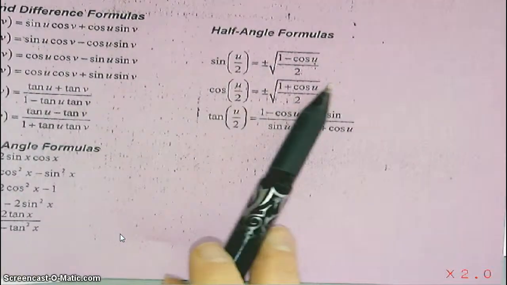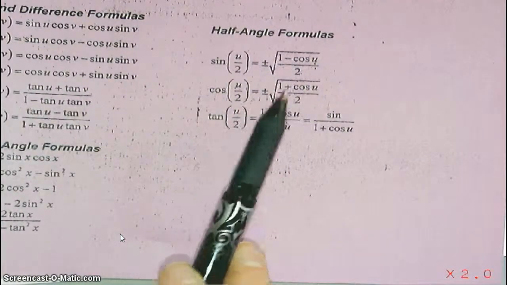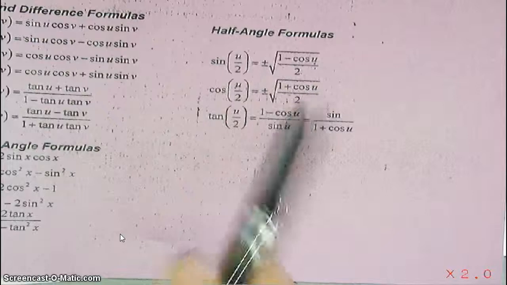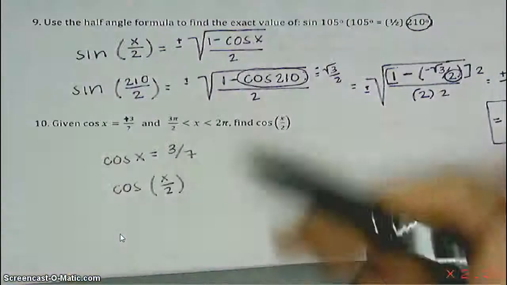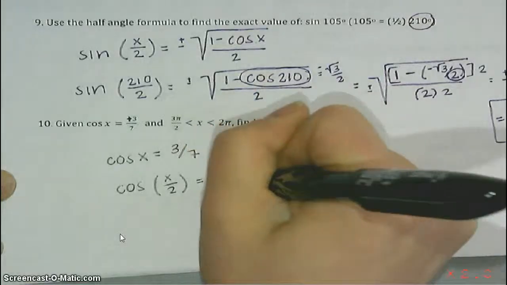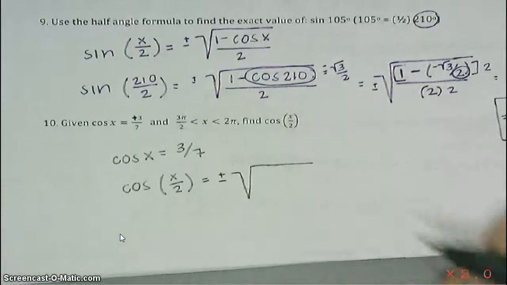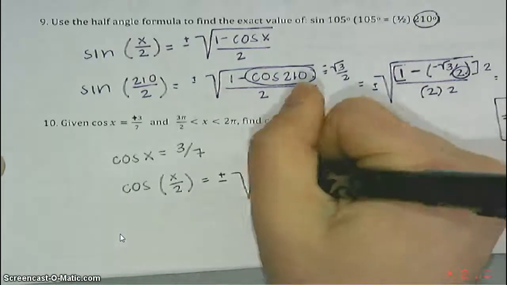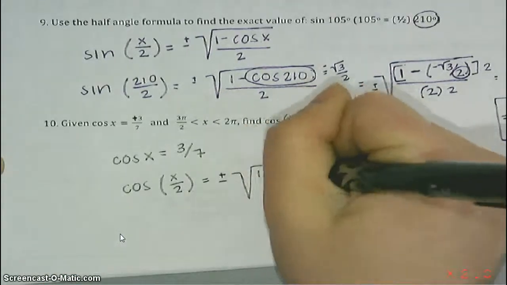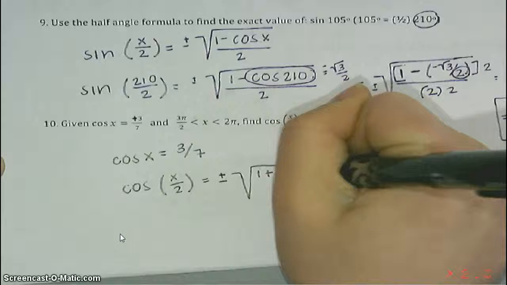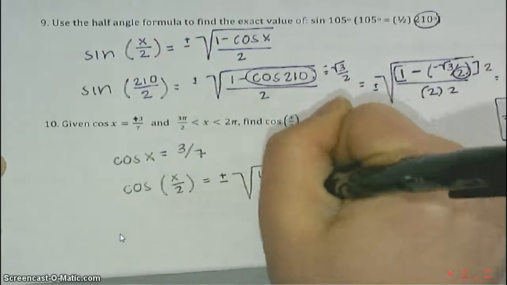It's going to be this general formula, but instead of the u, it'll be an x. So for us, you're going to have plus and minus the square root of 1 plus cosine of x all over 2.